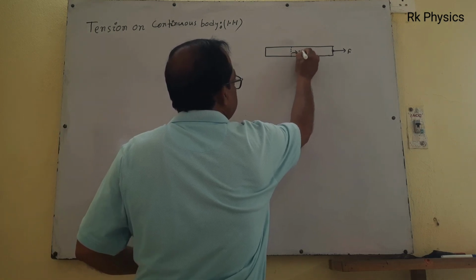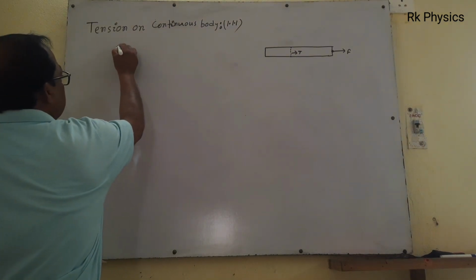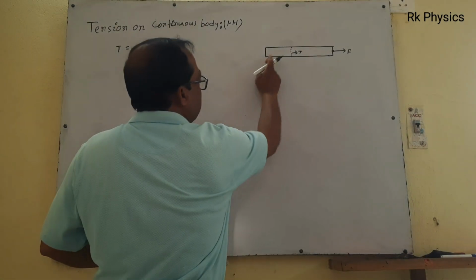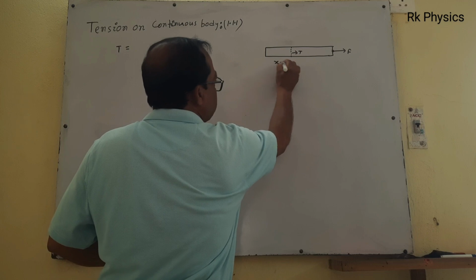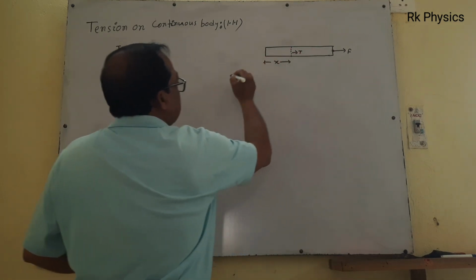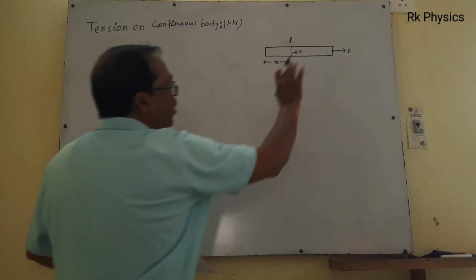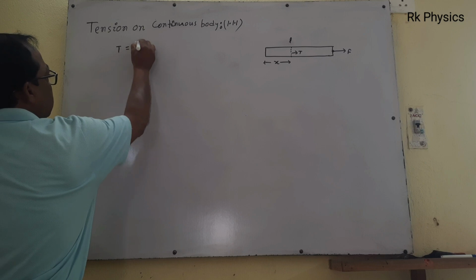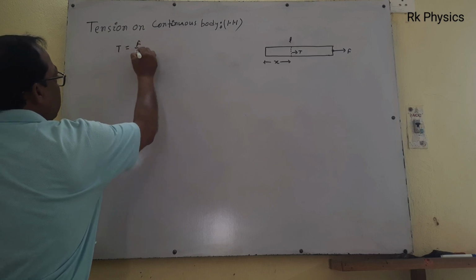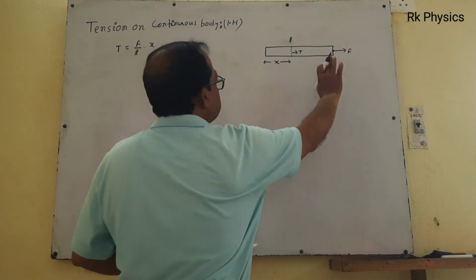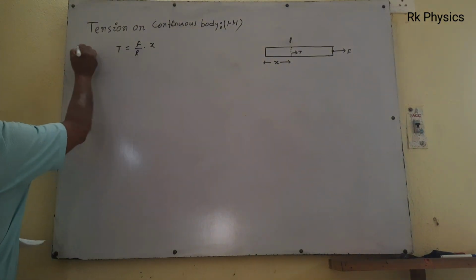Now, what is tension? Tension acting on this section from the left, say x distance apart, and the total length of the rod is suppose L, then T is F divided by L into x. And this is the case we have discussed.